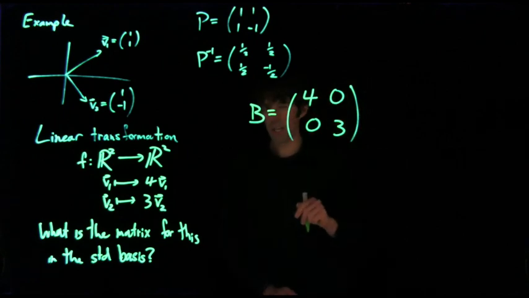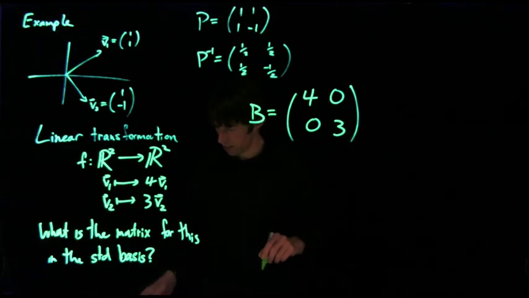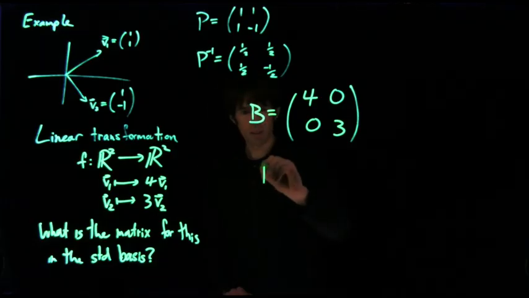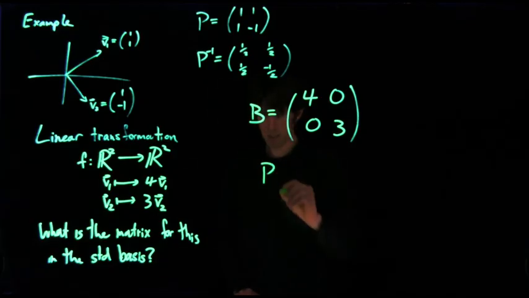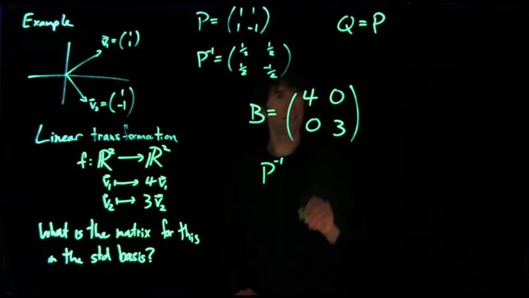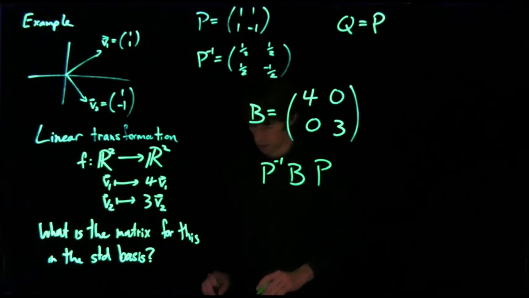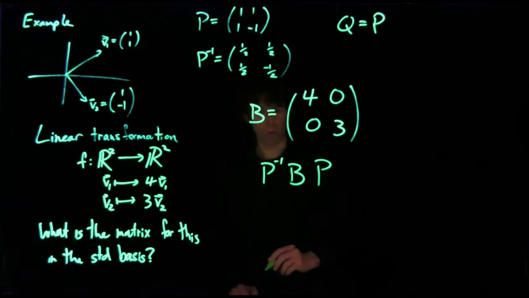So that's our matrix B. And now we need to use the formula that we just had. The formula was Q inverse, but our Q and our P are equal to each other in this case, so P inverse and Q inverse are the same. So it was P inverse times B times P. And this is the matrix we want.